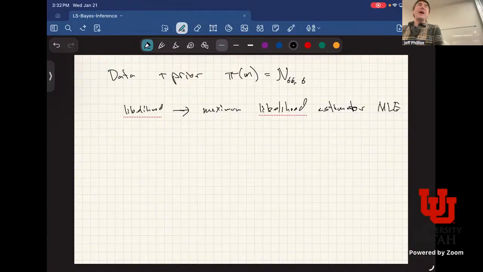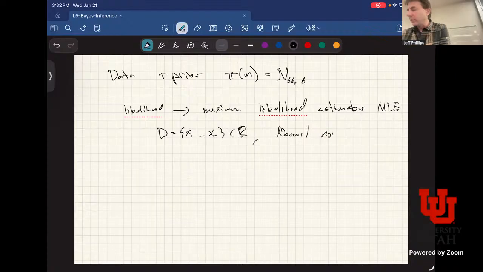We decided that if the data was a set of real values with normal noise, then the MLE, the argmax over the choice of models, was 1 over n, the sum from i equals 1 to n of x_i.